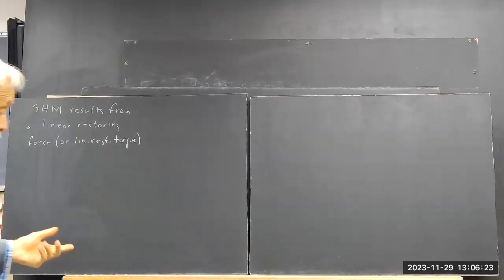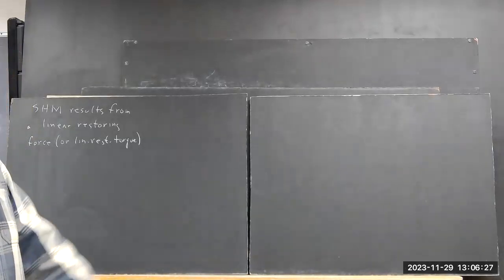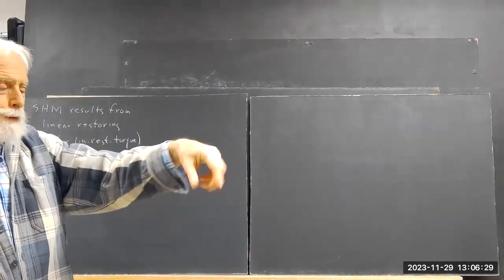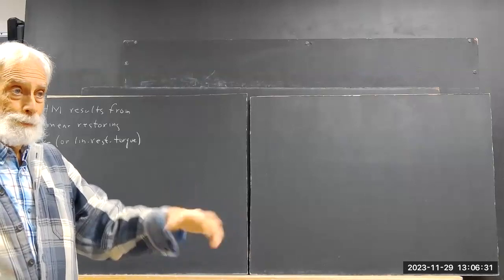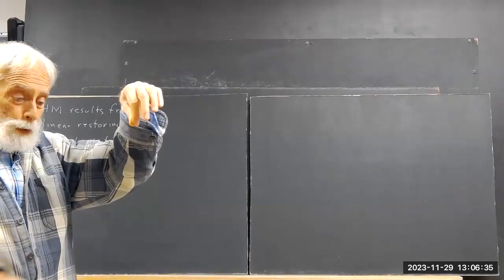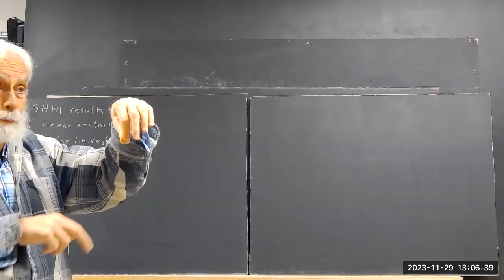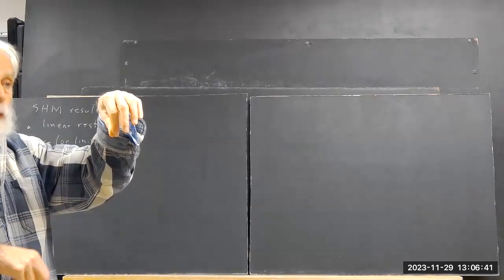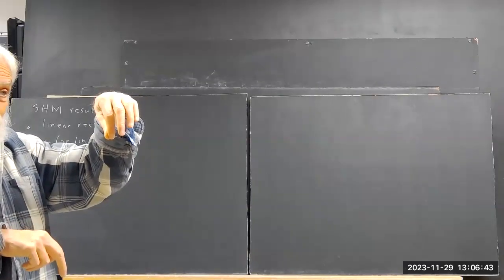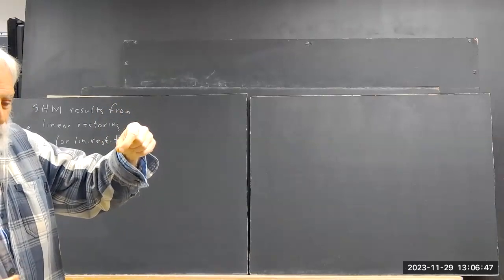Or from a linear restoring torque. If you suspend one of these beams from a rubber band, wind it up, the rubber band will unwind. The more it's wound, the more force you get, the more torque you have. So the torque will be proportional to how much you wind it.